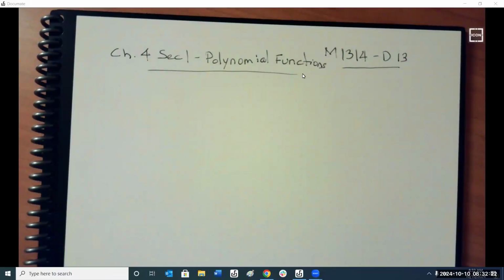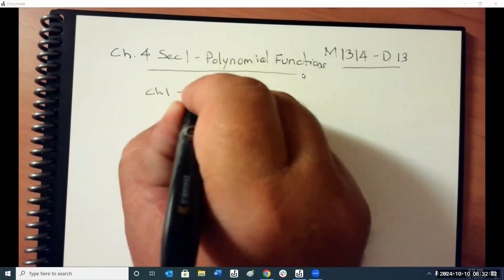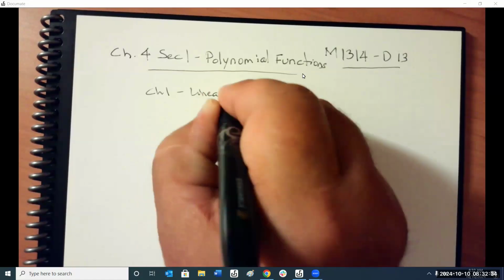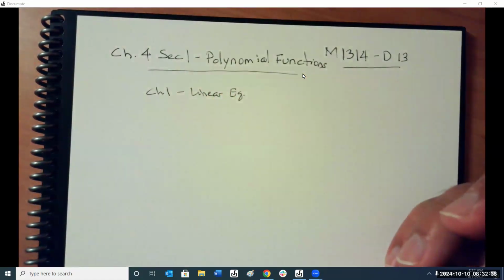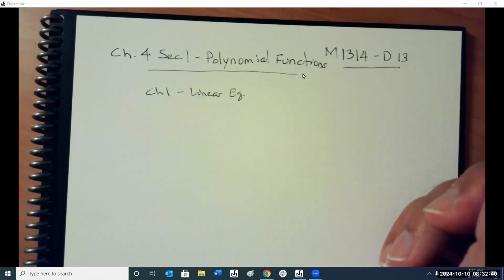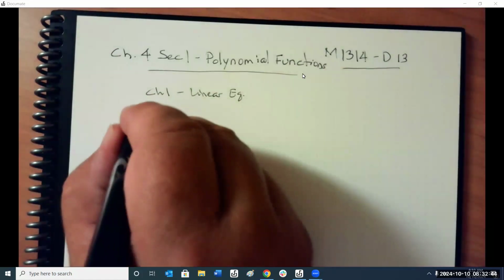All right, chapter 4. Remember, in chapter 1, we started with linear equations, with their functions, their structures, their graphs.